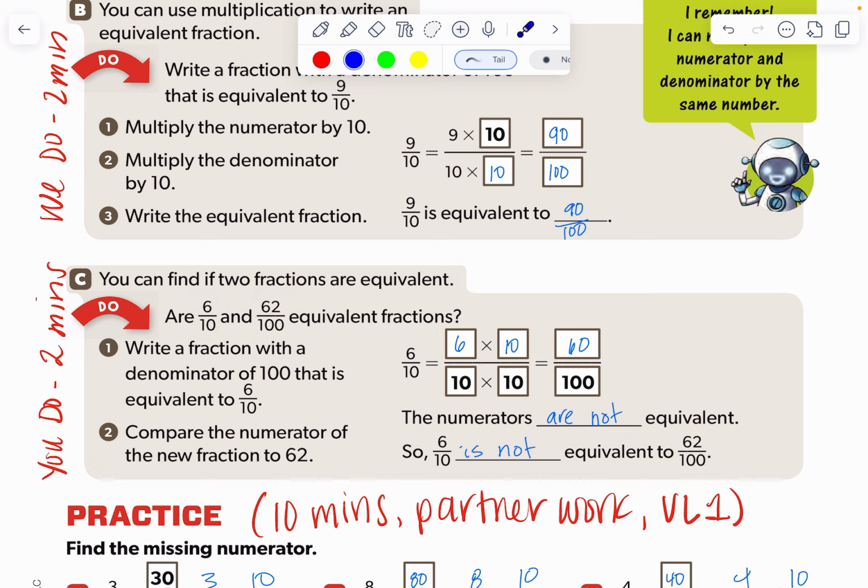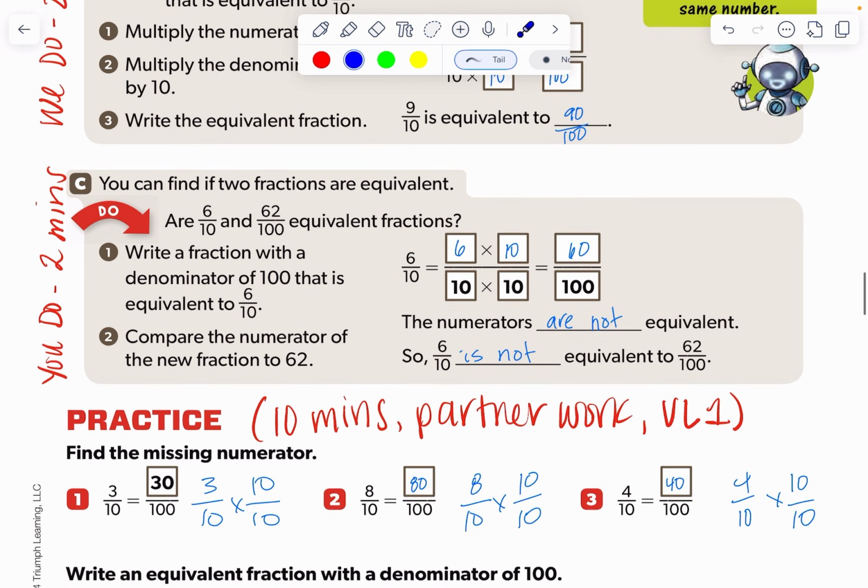And it has them figure that out by creating an equivalent fraction with the denominator of 100 to 6/10. So when they multiply 6/10 by 10/10, they get 60/100. They don't get 62/100. So because the numerators are not equivalent, 62/100 and 6/10 are not equivalent.